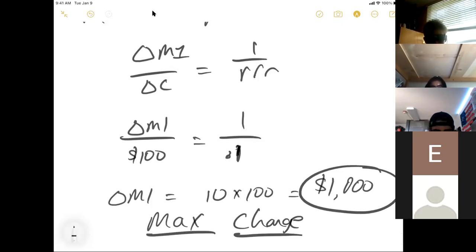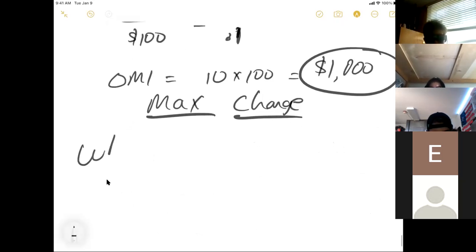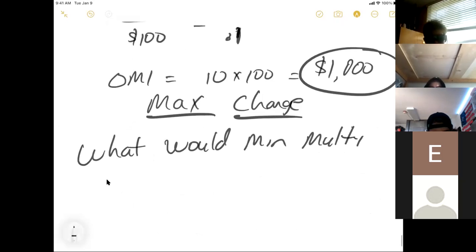What do I mean by maximum change? What I mean is it really goes back to the assumptions I made at the beginning of our example, that people would deposit every penny that they had. What would the minimum multiplier look like?